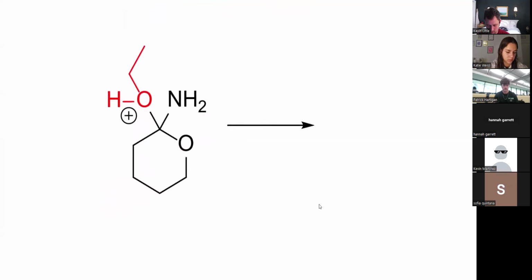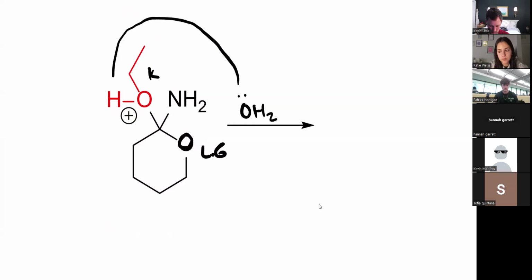In this case, this is my best leaving group because this group was just added. This is my best kicking group. But the trick of this one is that I need to get this extra proton, this extra positive charge, onto my leaving group to make it better. So I'm going to use water in acidic conditions to take this proton.